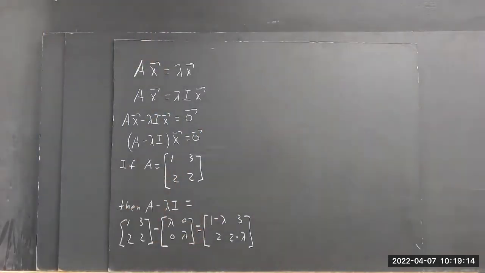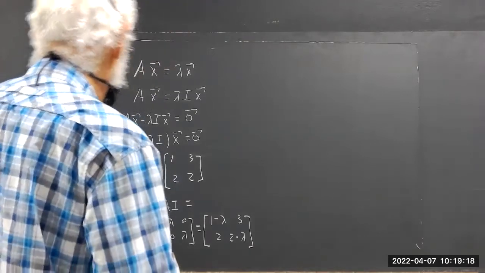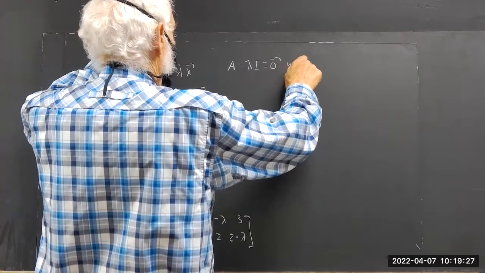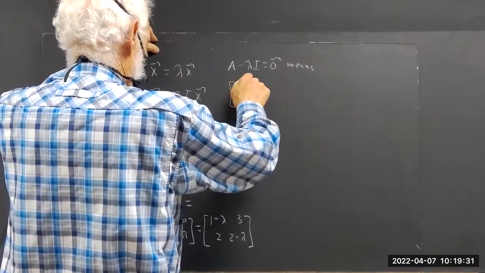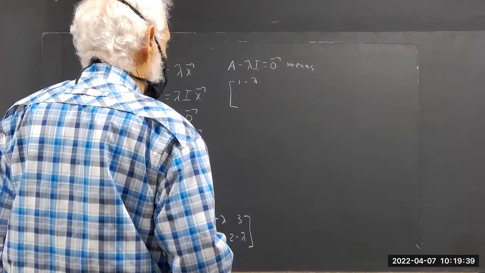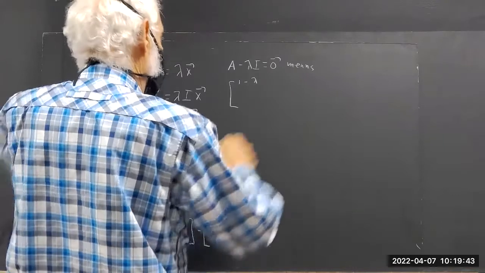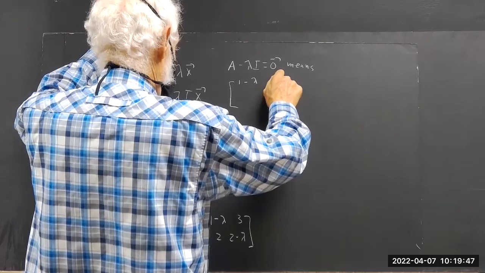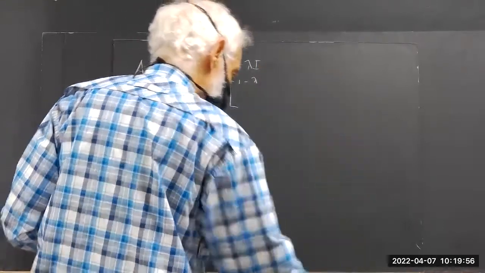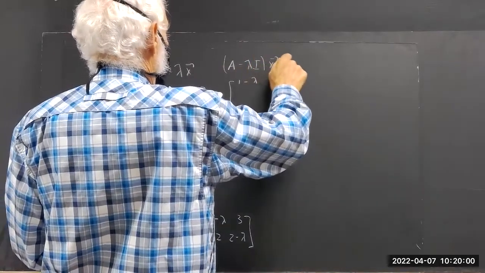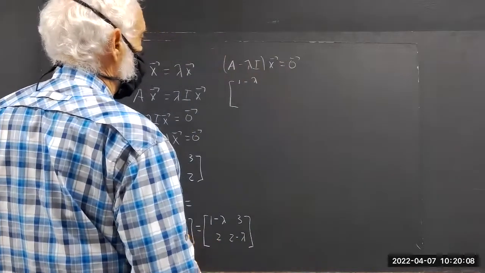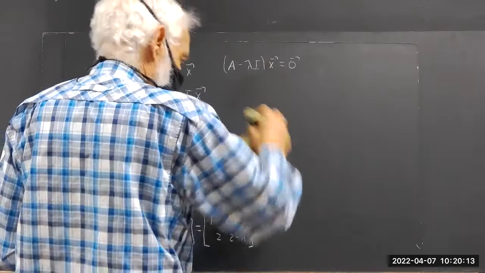Which is the equation I started with. Well, it's not the equation I started with, but okay, now A minus lambda I equals 0 means, put x in there. I'm not going to write it out there.